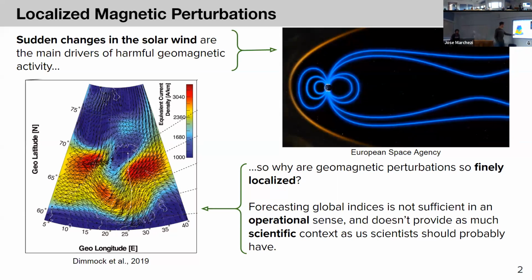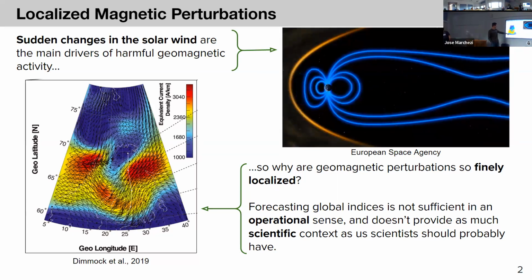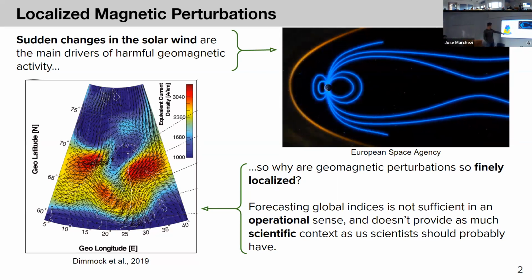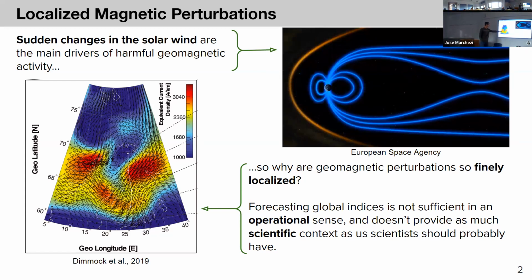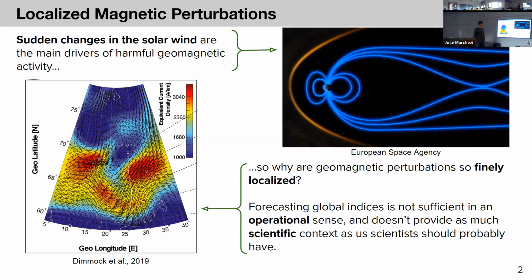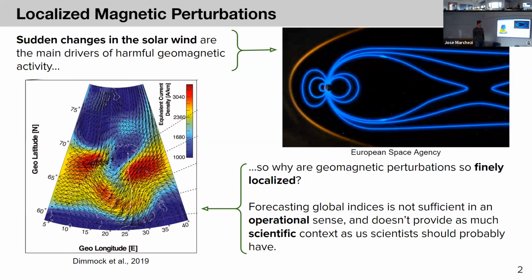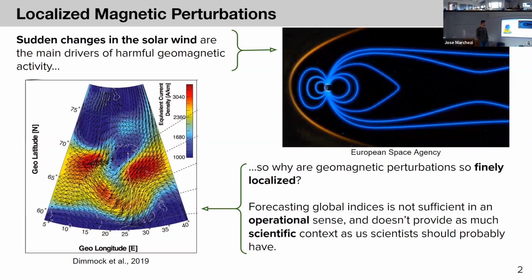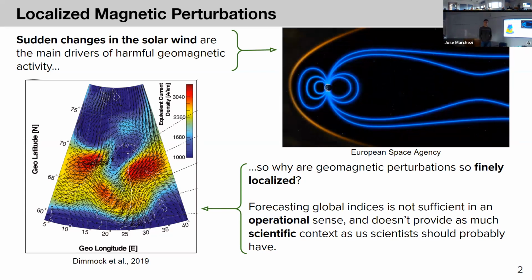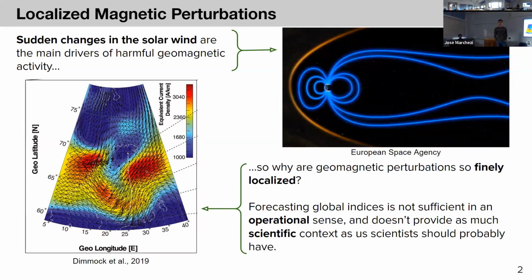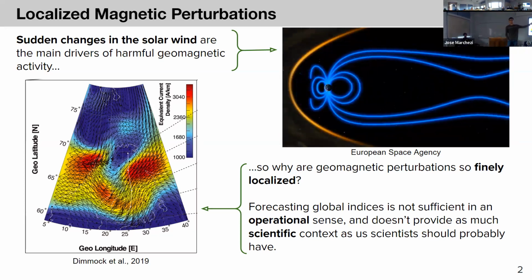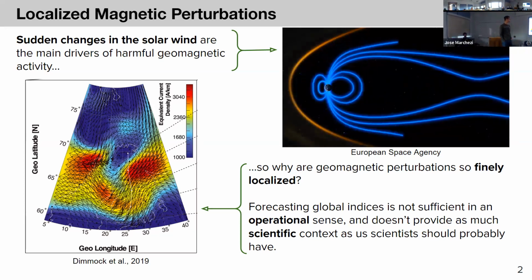This is a little hard to see beneath the chart, but this is the Scandinavian Peninsula. And so these current systems in the electrojet are only a couple hundred kilometers at most in diameter. It's very small compared to the picture you normally see up top.